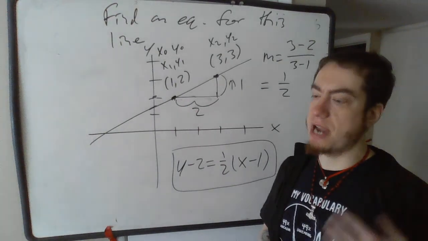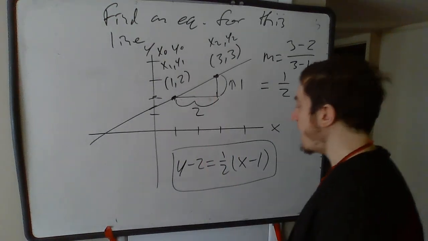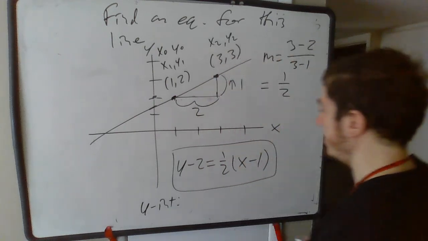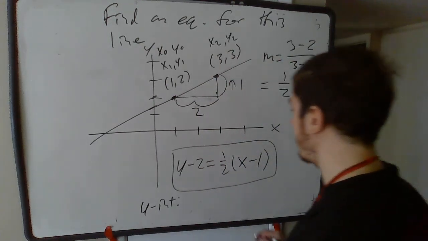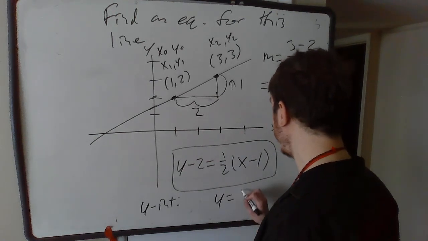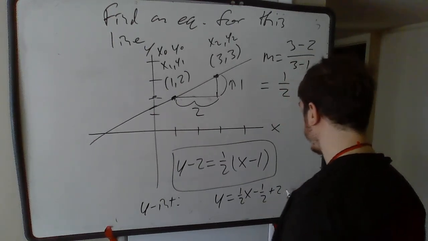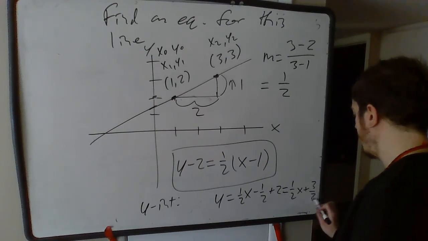So that's my answer. Now, if I wanted to, for some reason, find the y-intercept, I could do that in a couple of different ways. One way would be just to rewrite this into slope-intercept form. So I could say, well, this means that y is equal to 1/2 x minus 1/2 plus 2, which is 1/2 x plus 3/2.